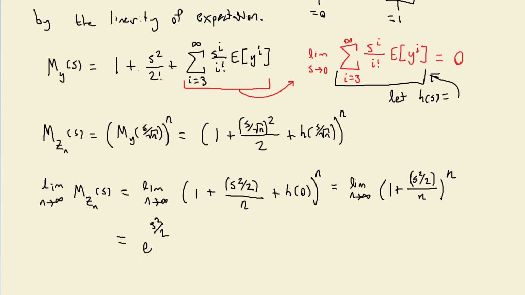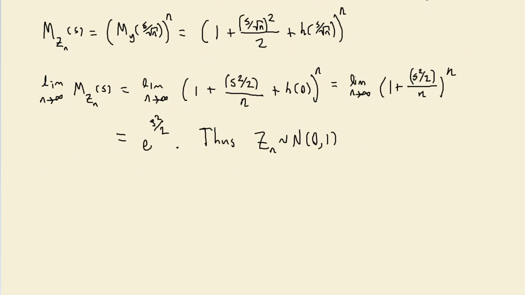And this right here is the moment generating function for a standard normal distribution. And so if the moment generating function of this random variable is equal to the moment generating function of the standard normal distribution, then we have just proven that z sub n is normally distributed, with a mean of 0 and a variance of 1.